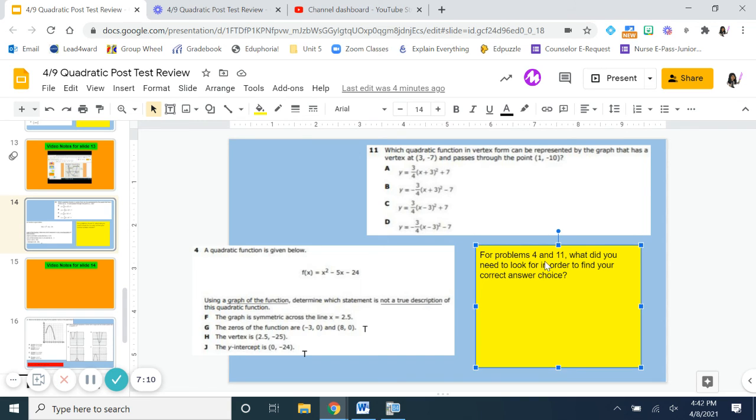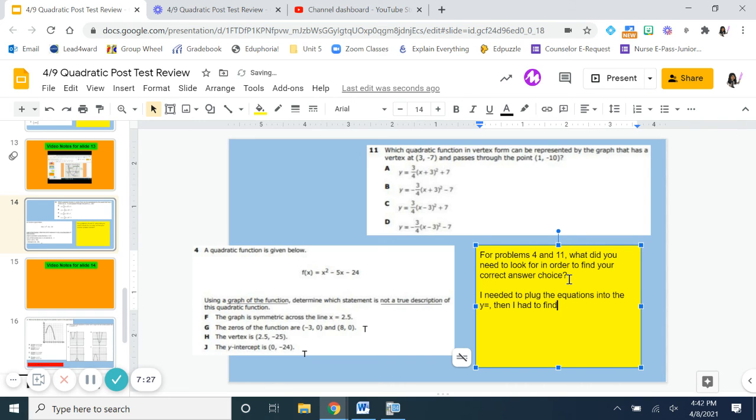So for problems 4 and 11, what did you need to look for in order to find your correct answer choice? I needed to plug the equations into the y equals. Then I had to find characteristics of each equation to match what I needed.